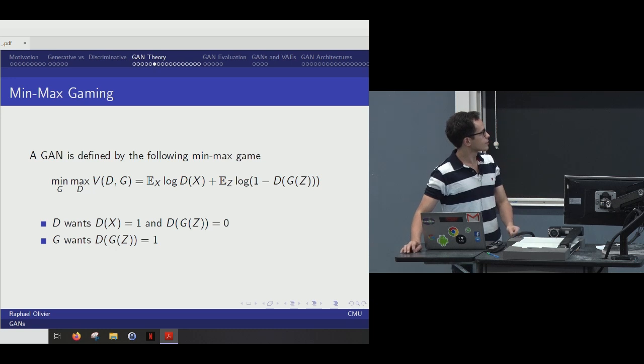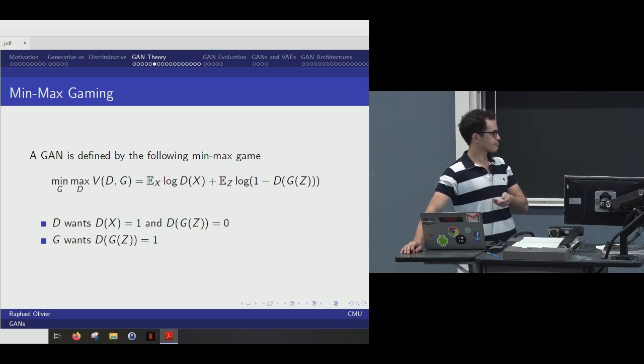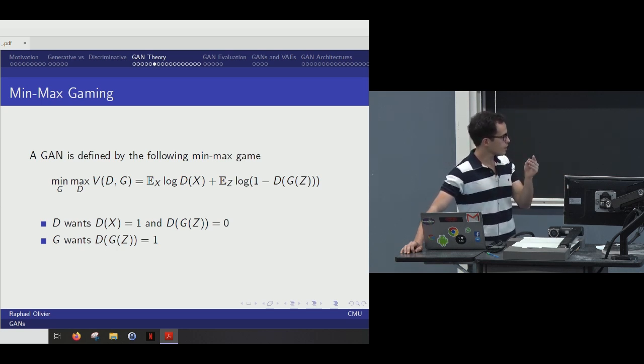Right, so the objective, the loss function if you want, is going to be the expectation over the real data of log D of x, the discriminator, plus the expectation over your latent distribution of log(1 minus D of the image you generated from that sample).